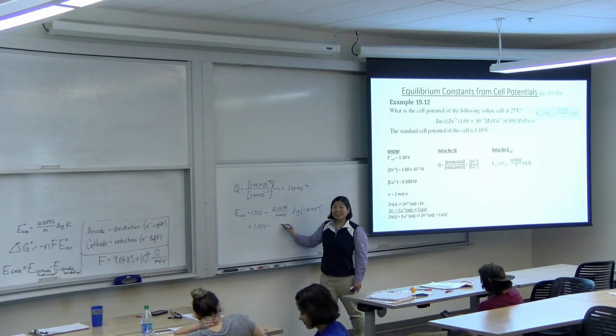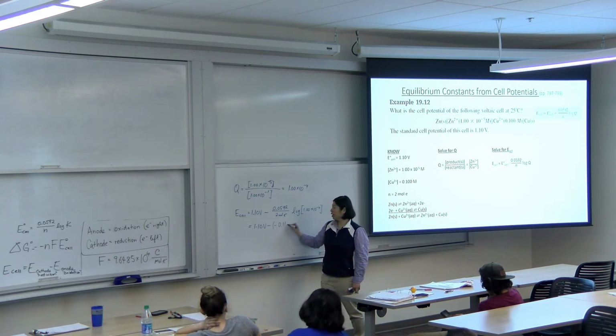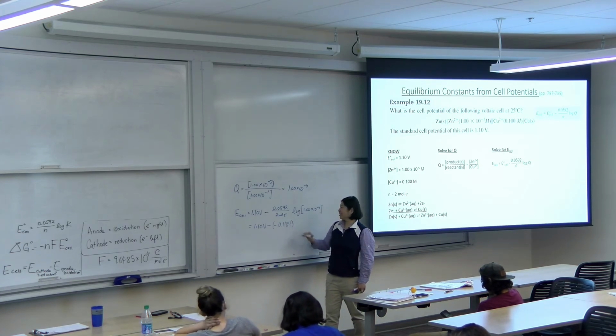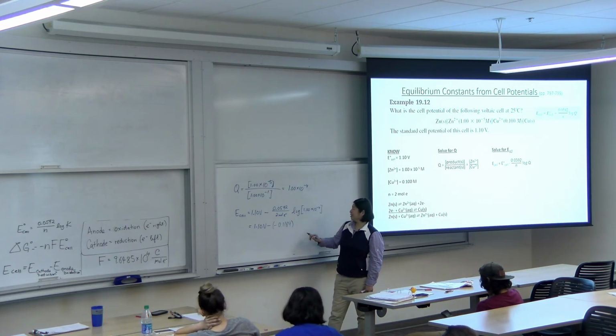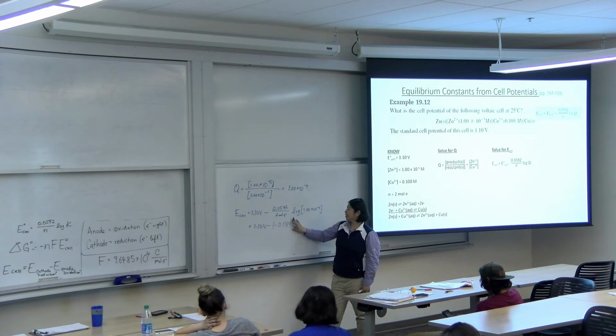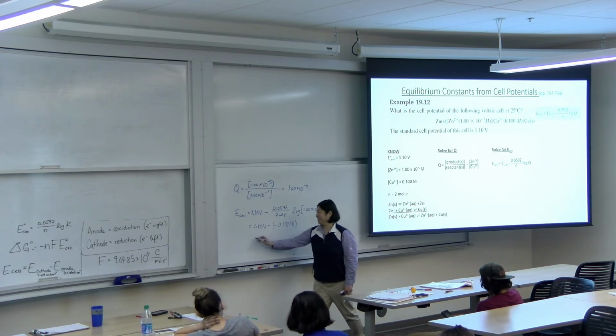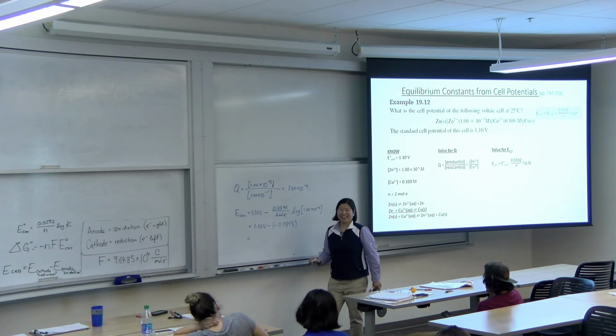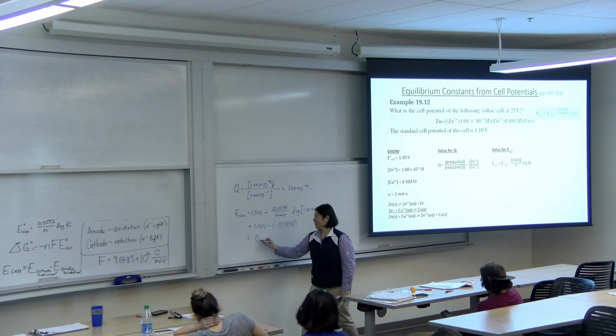I have a number, I just don't know if it's right. Yeah, I got negative 0.1184. That's what I got. Okay. And the final answer is 0.9816. Unless you want to put it scientifically.